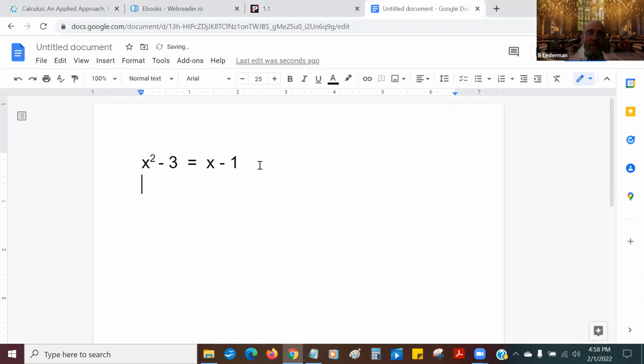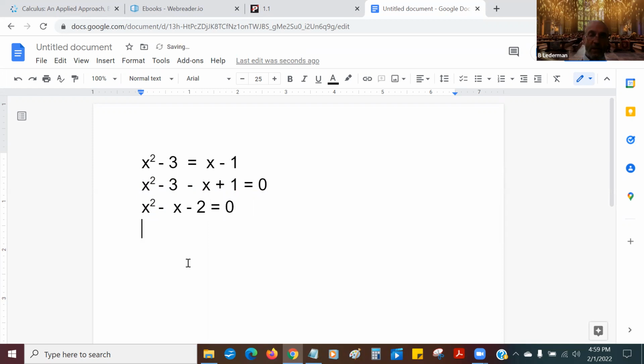So we have x squared minus 3 equals x minus 1. Bring everything over to the other side. I get x squared minus 3 minus x plus 1 equals 0, which cleans up to x squared minus x minus 2 equals 0.